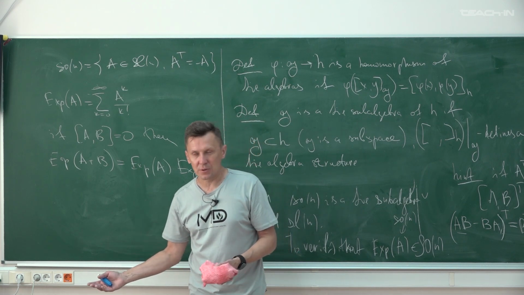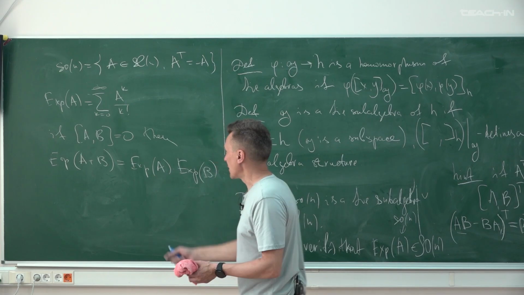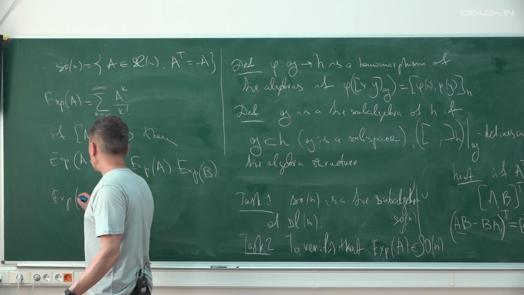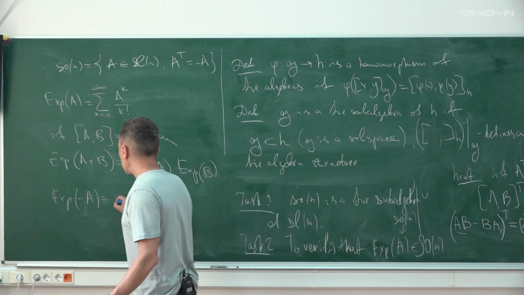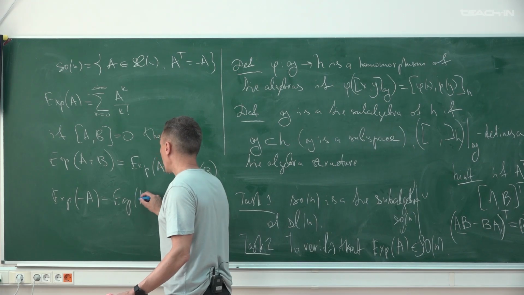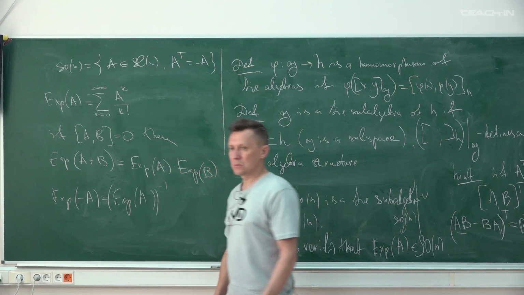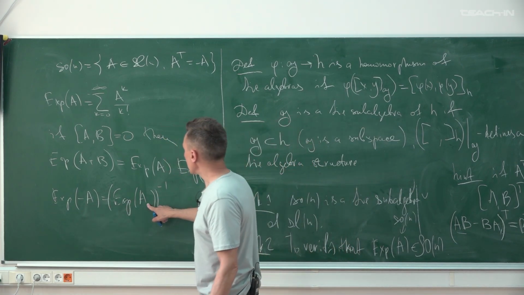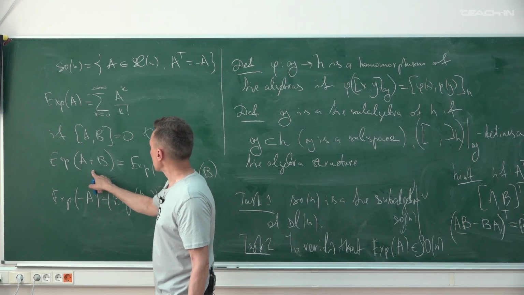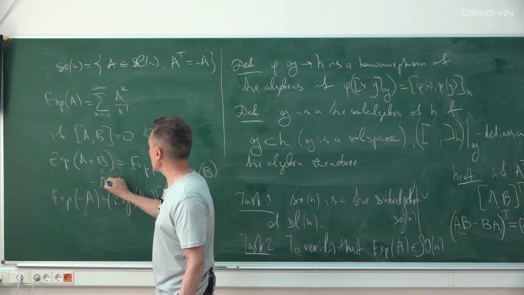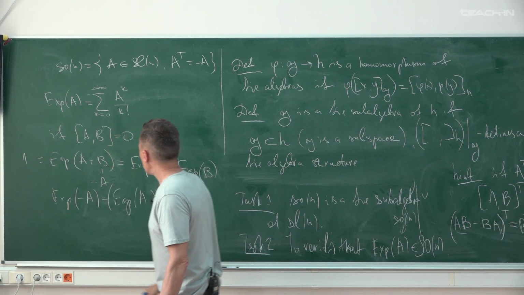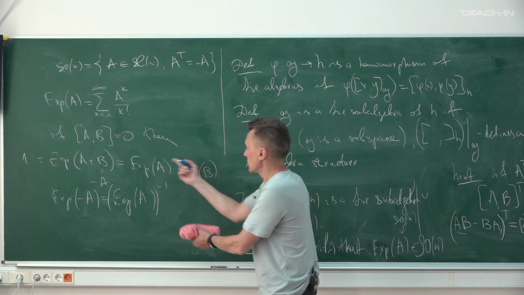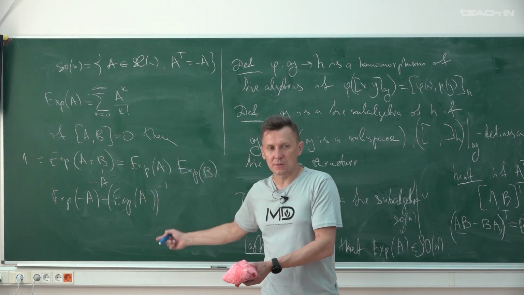If you know it's true for numbers, it's true for every commuting elements. And for example, exponential of minus A times exponential of A is 1. Because minus A commutes with A, if we do this for B equal minus A, it is just 1. And so they are inverse to each other. Okay?